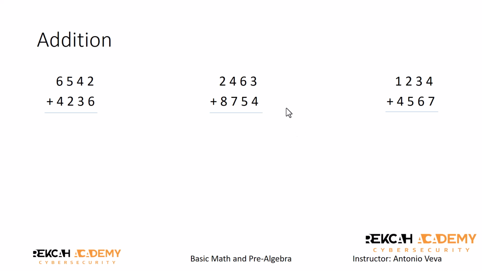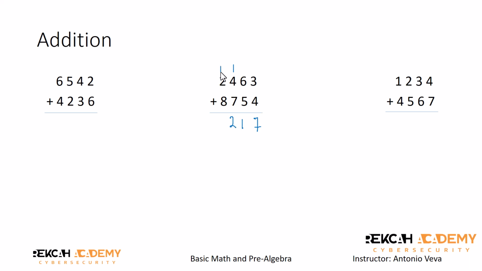Let's begin with the ones place. 3 plus 4 equals 7. In the tens column, 6 plus 5 gives us 11, so we have to carry over the 1 to the hundreds column. Then 4 plus 7 is 11, plus 1, the carried over number, equals 12.